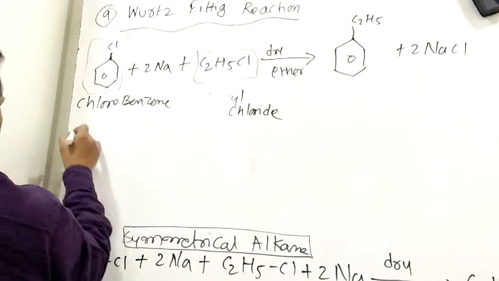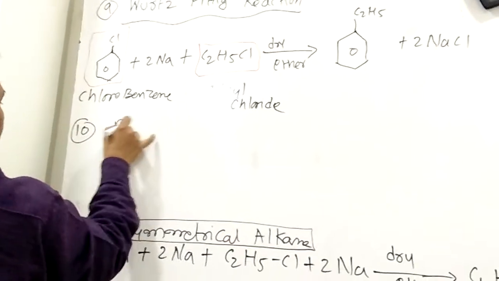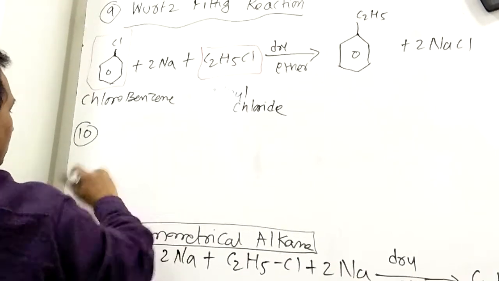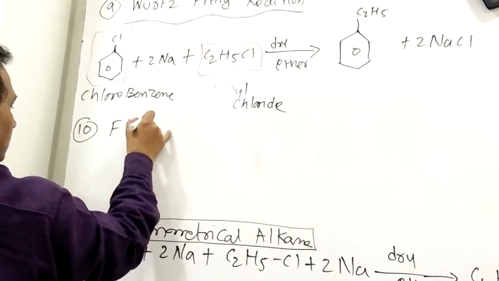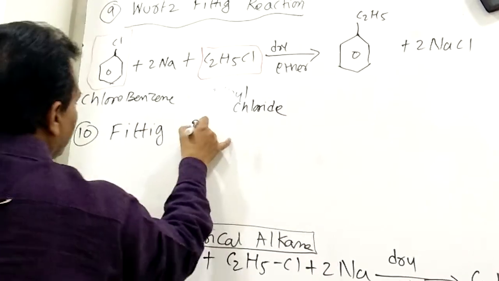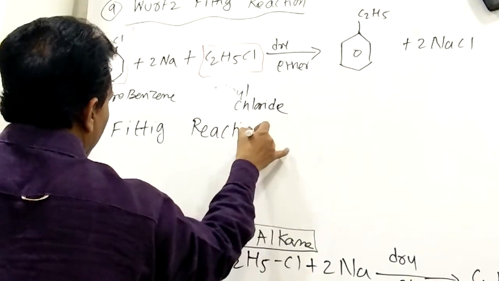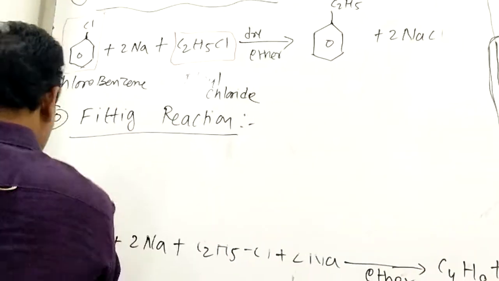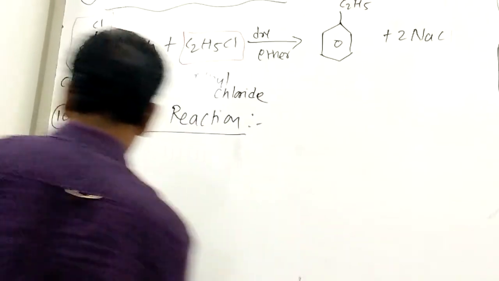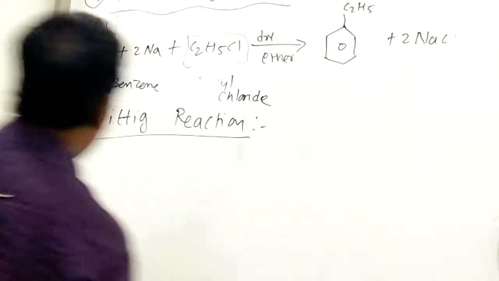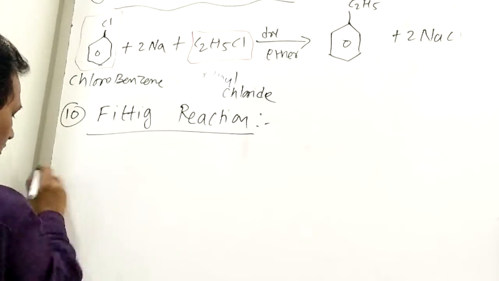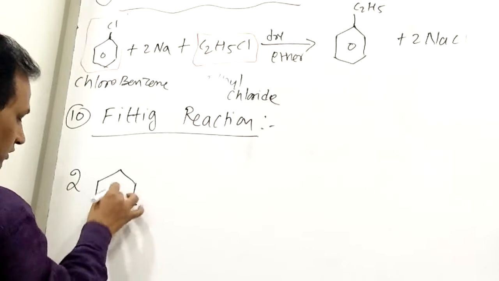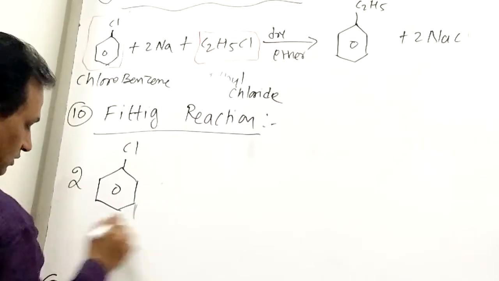And the last one, the Fittig reaction, is two aromatic halides, two aromatic alkyl halides.